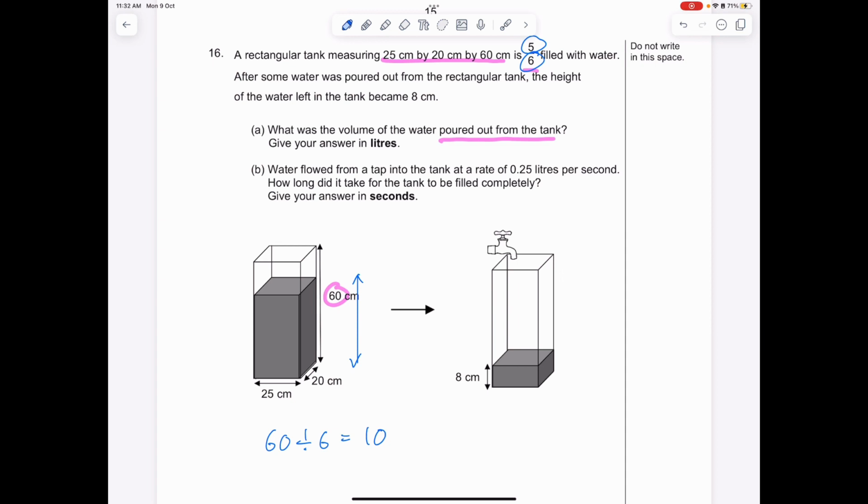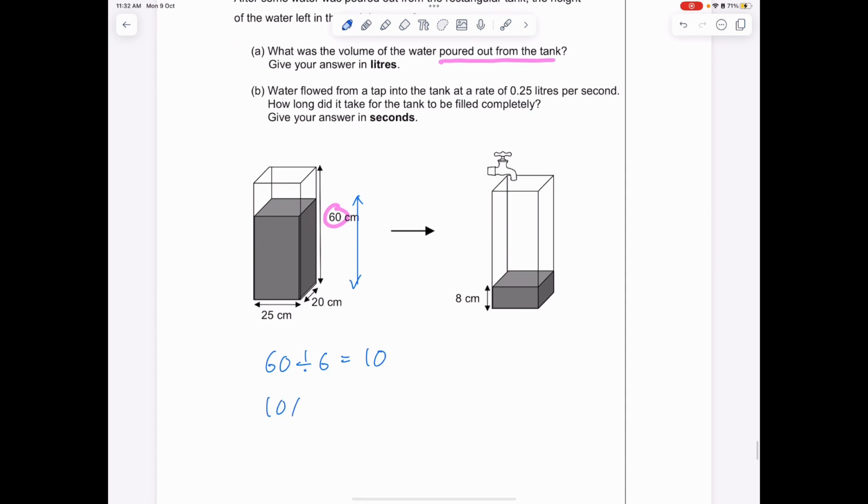So because it's 5 out of 6, right? We need to then take 10 multiply by 5. So the height of this is actually 50. Okay? So given that the height before any water is poured out is 50, we need to now find out what is the difference in this height and this height over here.